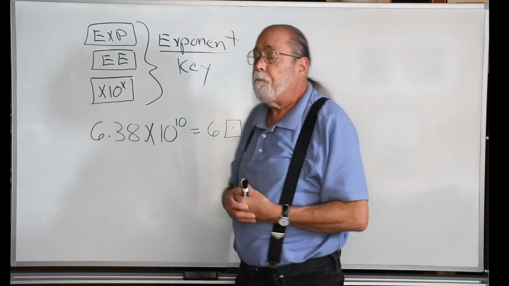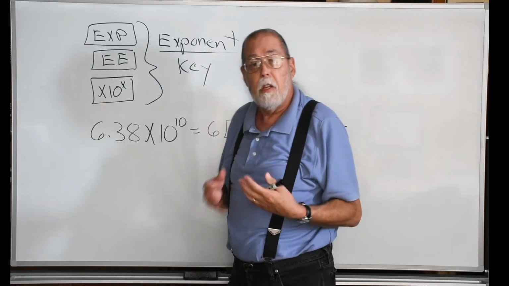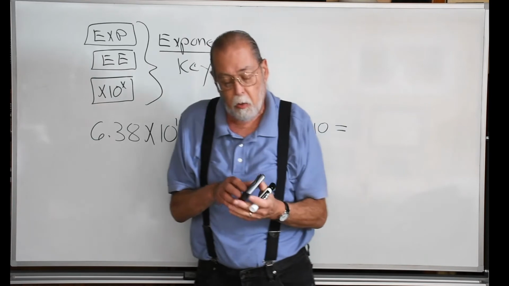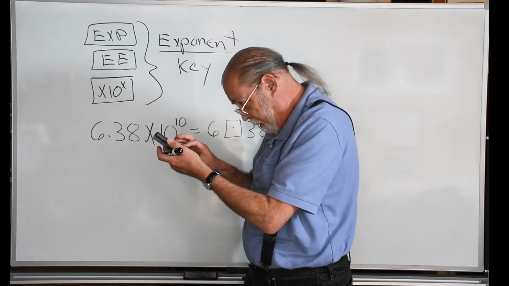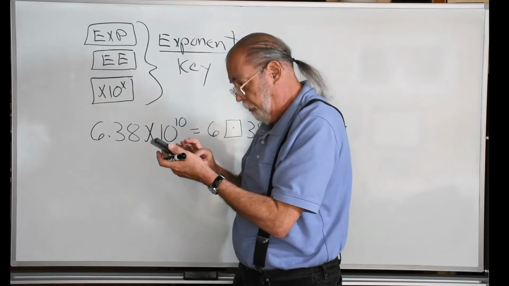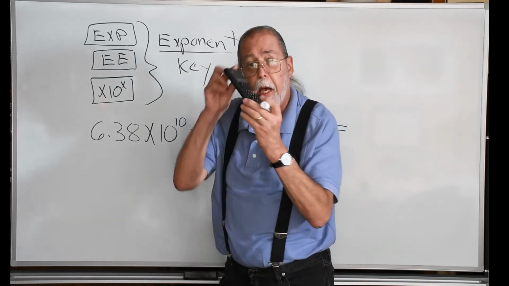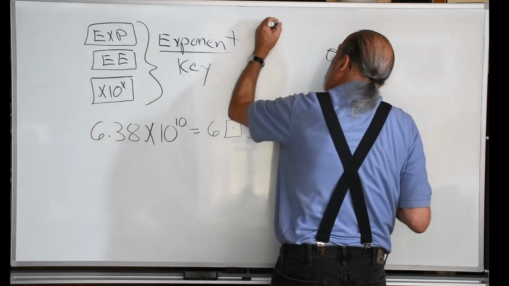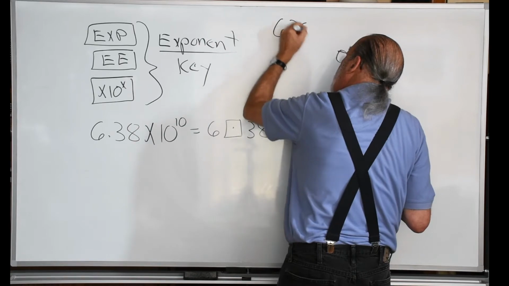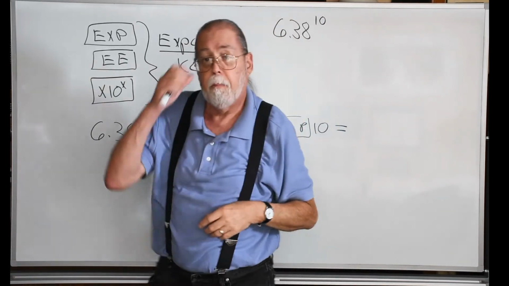Here again, different calculators display things differently. On my Casio calculator, if I enter this 6.38 exponent 10, what I get in the display, you probably can't see it there, is 6.38 and then a little 10.